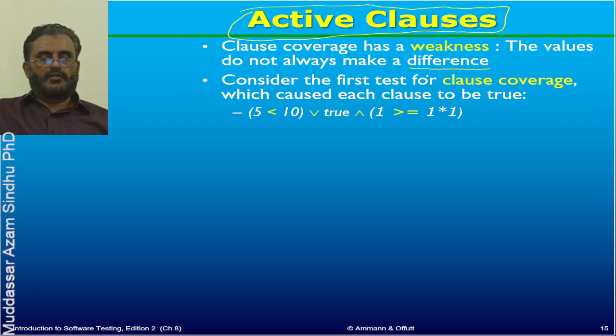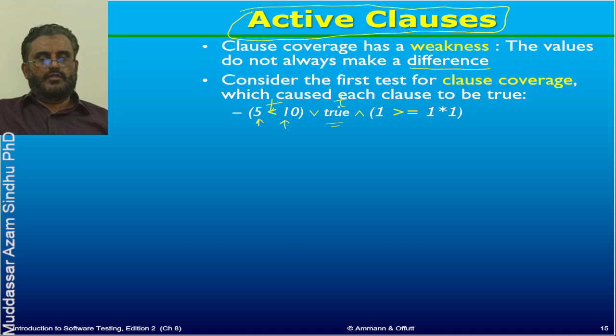So consider the first test for clause coverage, which caused each clause to be true. For example, with the example we studied a few videos ago, the first variable has the value 5 and the second one is 10, and in this case this is true.